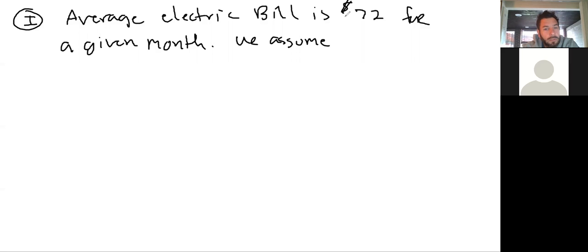And then we have to ask ourselves, how do we think these bills are distributed? One common assumption is to assume that it's normal.